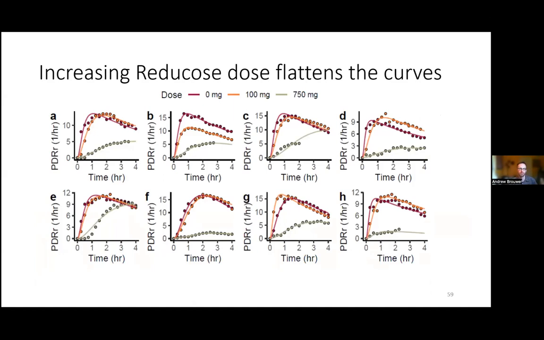And if I were to do this experimentally, my collaborators do this, we can see that increasing doses of Reducose flatten our curves. So as I go from red to orange to this kind of sage color, the curves get smushed down. So the peaks are moving a little bit to the right, generally speaking, and lower. And so the question is, how is this represented in the model parameters themselves?